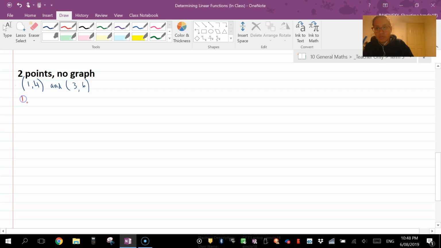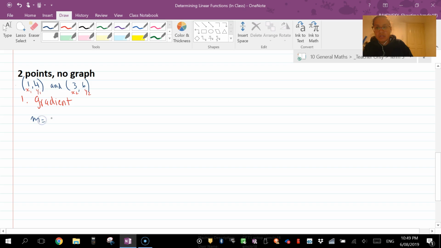I do that by using rise over run, or the difference between the y values and the x values. If you have a look here, we just call this x1, y1, x2, y2, and substitute those into my gradient formula.